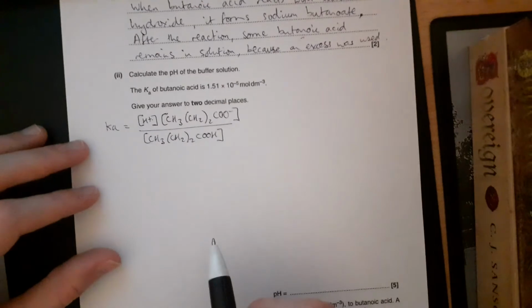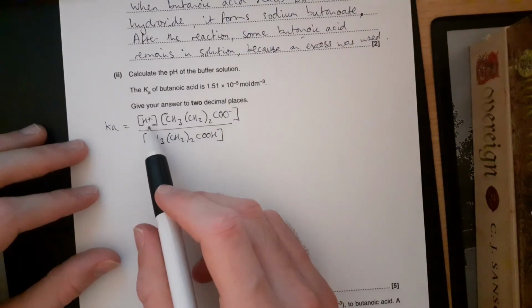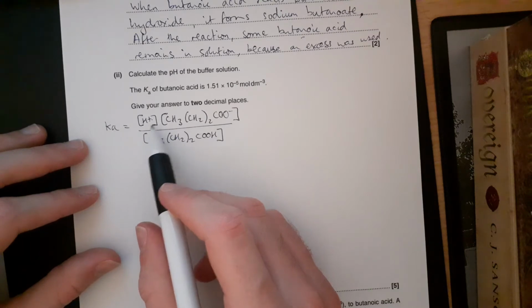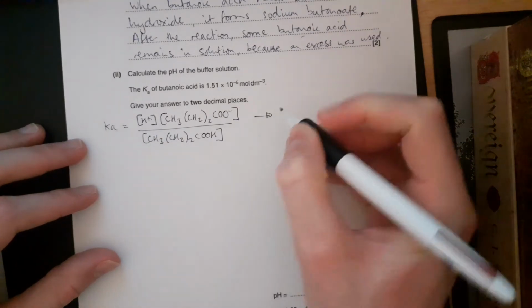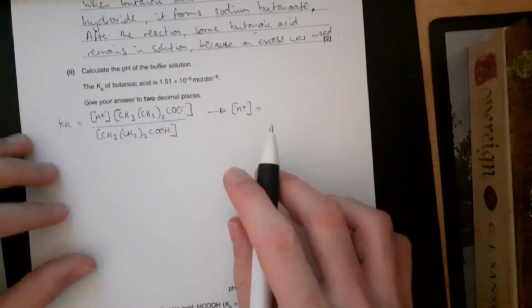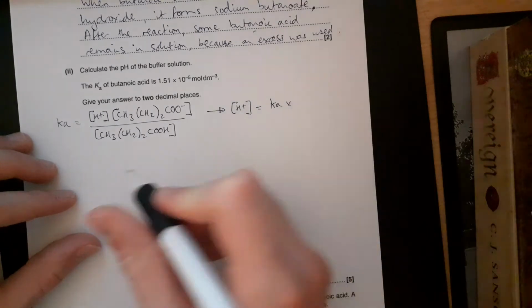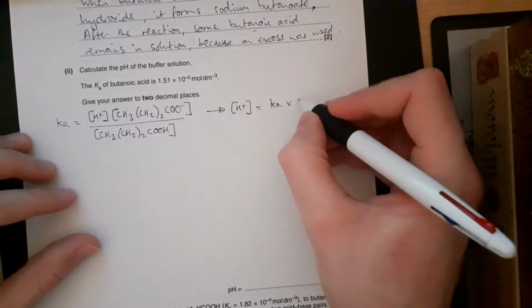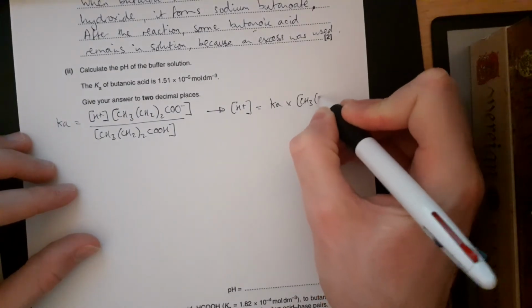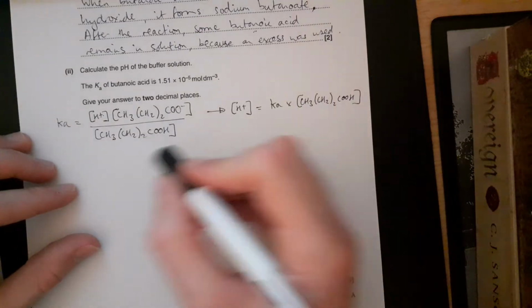Okay. But we do still need to rearrange this. We need the H+ concentration if we're going to calculate the pH, so we do need to switch this around. But we're not going to do any other fiddling with it, it's just swap it around. So it's going to be Ka multiplied by this acid concentration divided by the other one.